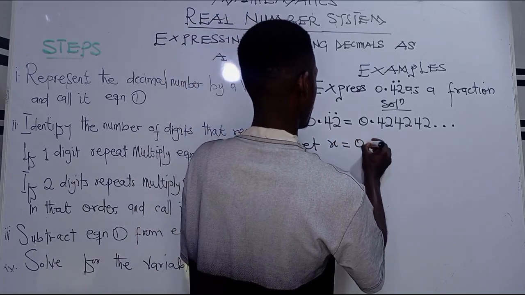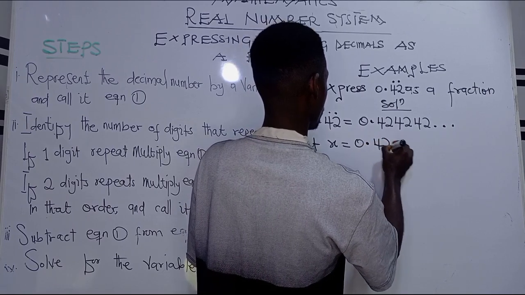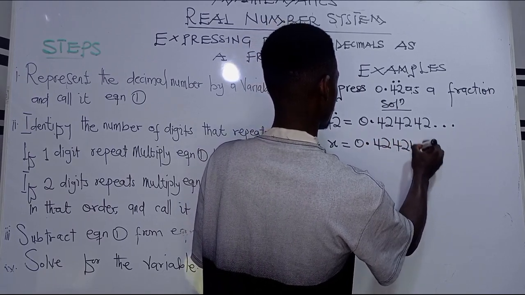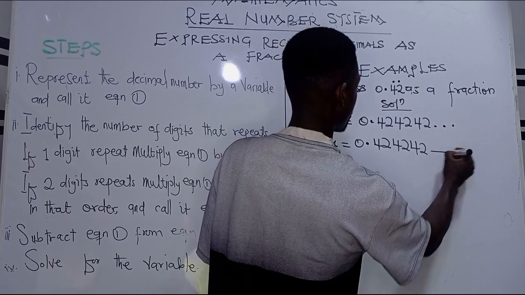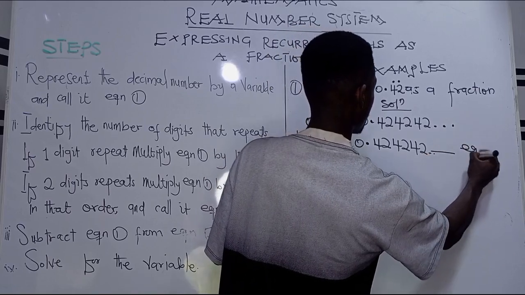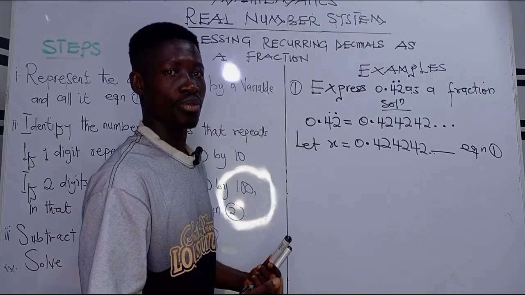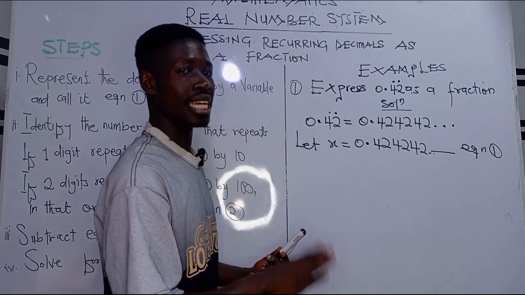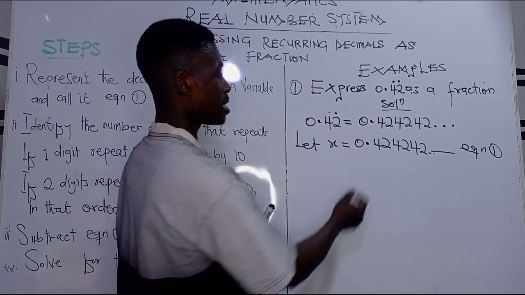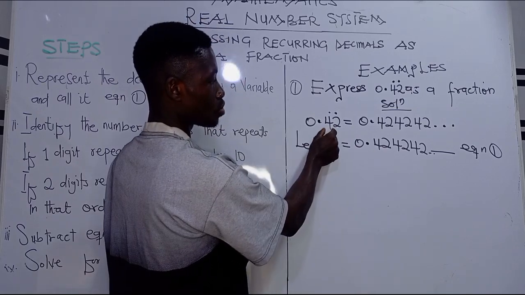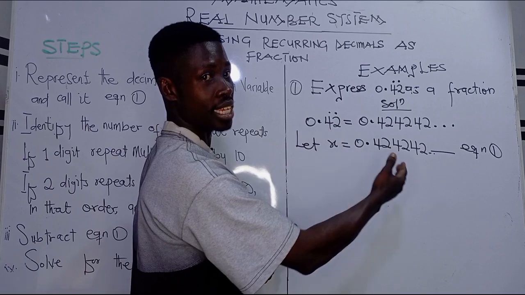So we have x equals 0.424242, and then we call it equation 1. Very good. Then after that, we identify the number of digits that repeats. So how many digits repeat? It is only 2 digits that is repeating infinitely.